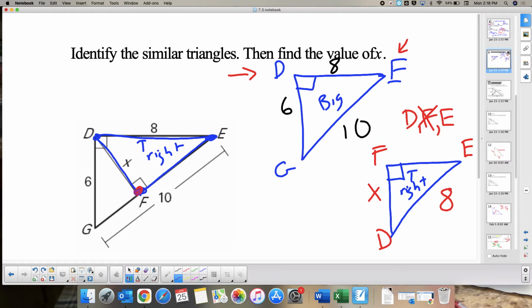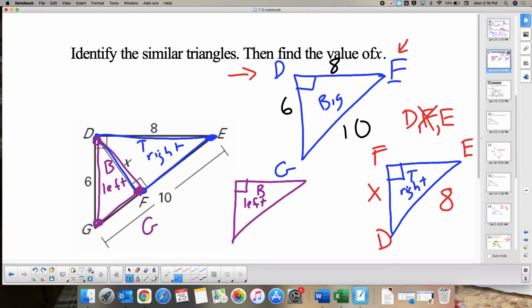My other triangle that we need then is what we call the bottom left triangle. Once again, I'm going to make it so it looks just like the other two. The three letters that make it are G, F, and D. Your right angle is F again.